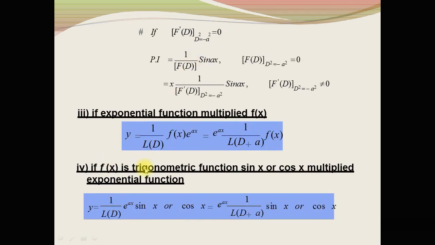When f of x is a trigonometric function, sin ax or cos ax, multiplied with an exponential function, how do we find the particular solution? So these are the different cases. In this lecture we have discussed only one part, when f of x is in the form of an exponential.